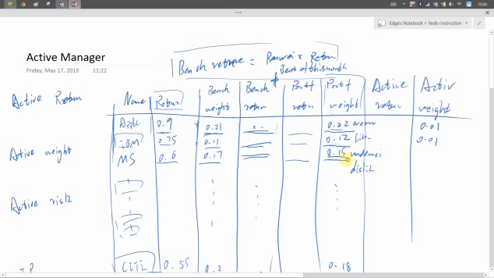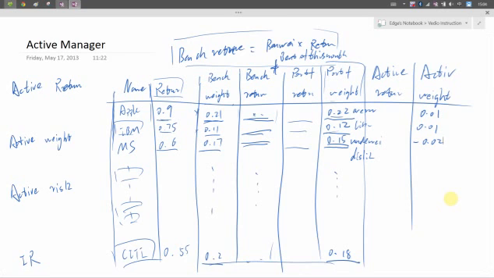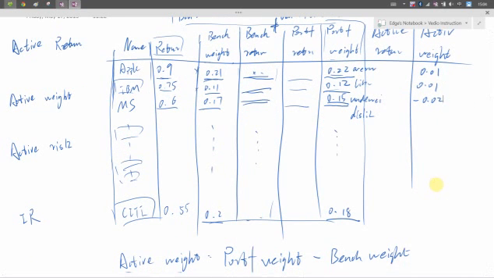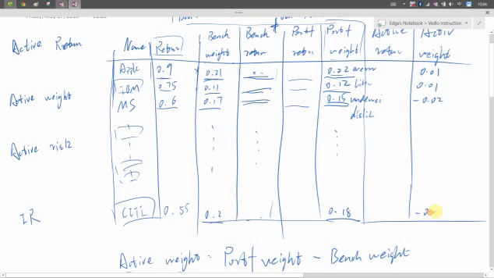But here we have minus 0.02, right? Because we don't like it, so we underweight. The active weight is negative, and that's perfectly normal. So here is also 0.02, right? And active return over here is the portfolio return, this guy minus this guy, we get active return here.